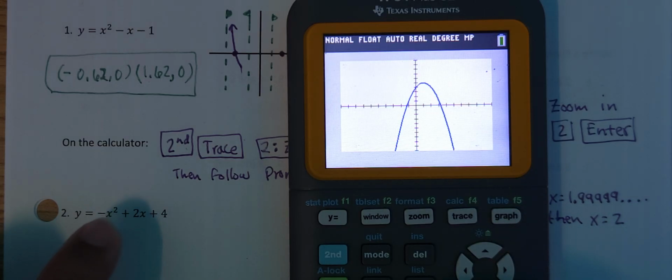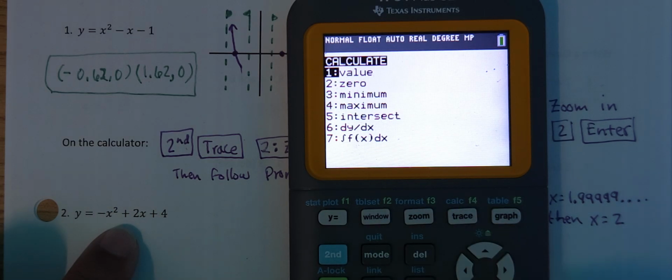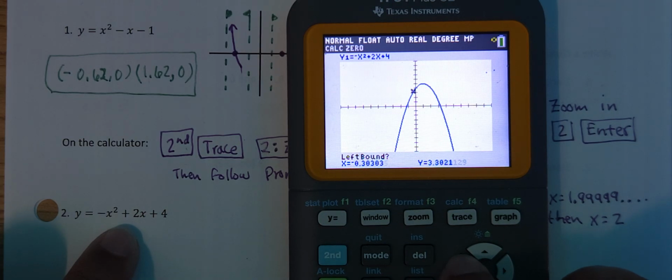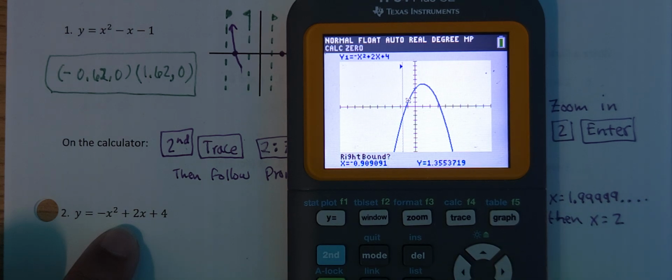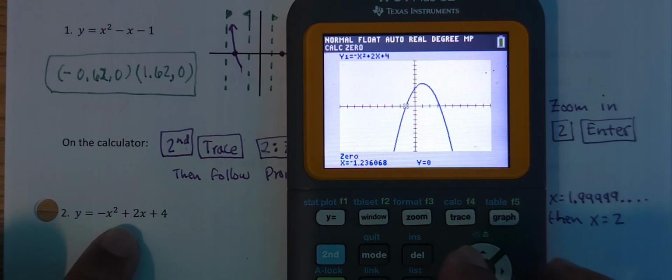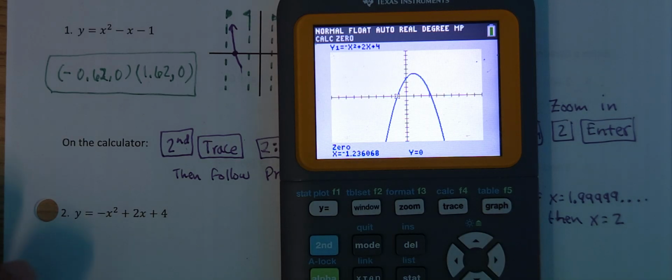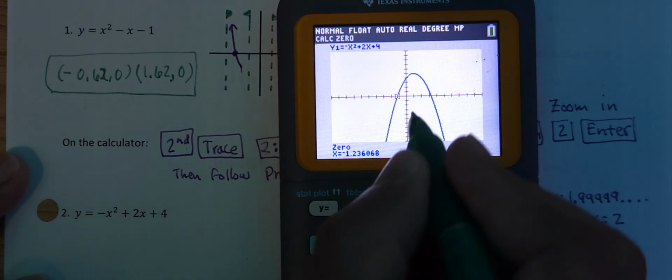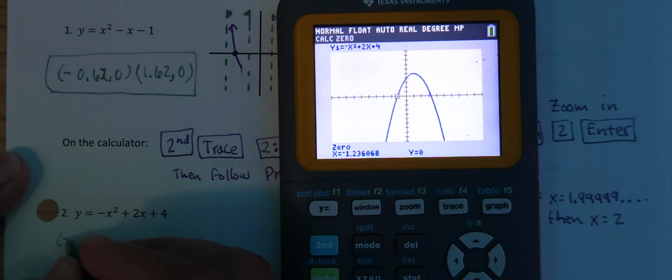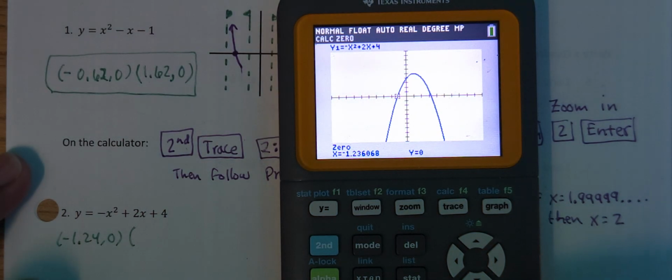So then I want the 0, so second trace 2. I want this intersection before it crosses the x-axis, press enter. After it crosses it, press enter again, and then press enter. It says that that 0 is at negative 1.236, so I'm going to round that to negative 1.24. So negative 1.24 comma 0, and then let's get the other intersection.